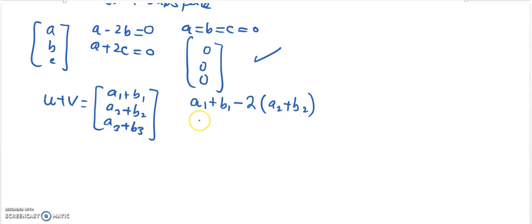So to further clarify, U was equal to A1, B1, C1.